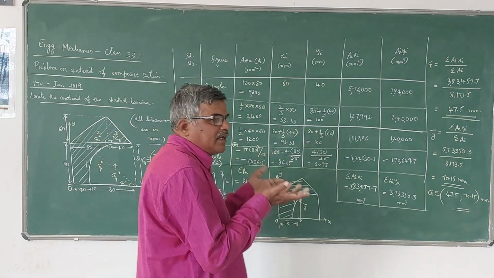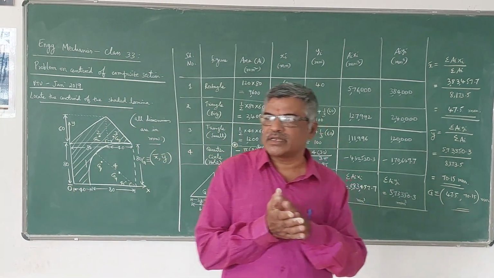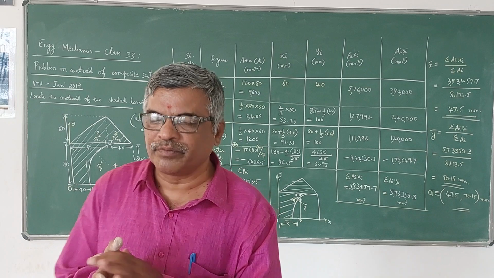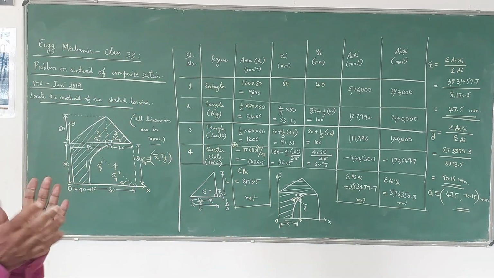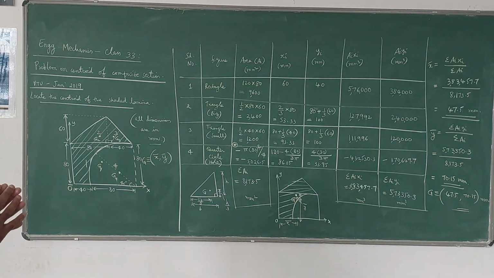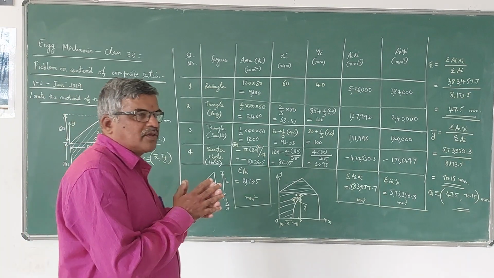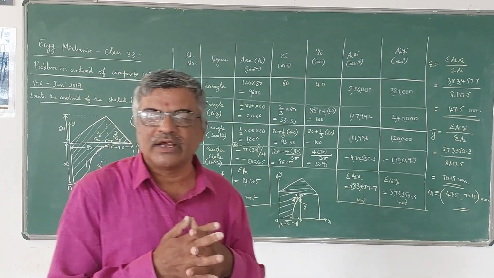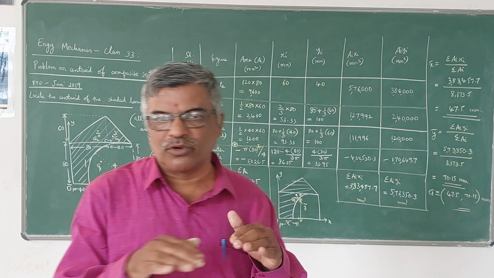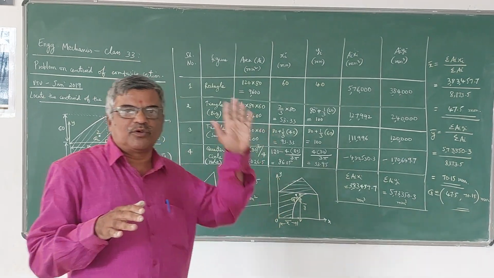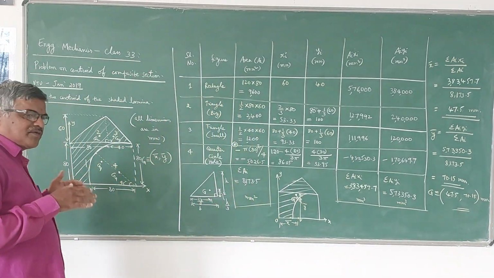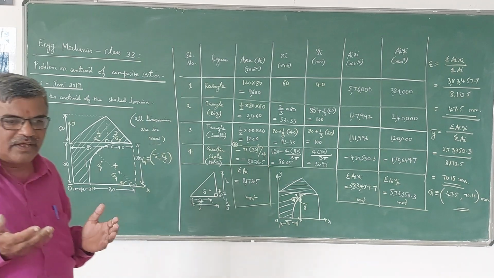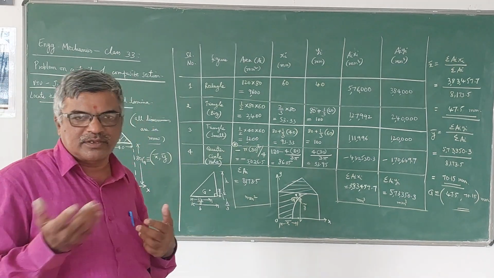First, we have to split the composite section into simple sections whose areas and distances x and y can be located with respect to the reference axis. Fix the reference axis. So if the figure is not symmetrical about any of the axes, then choose the bottommost axis as the x-axis, leftmost axis as the y-axis. If it is symmetrical about any of the axes, then you need not find both x bar and y bar.